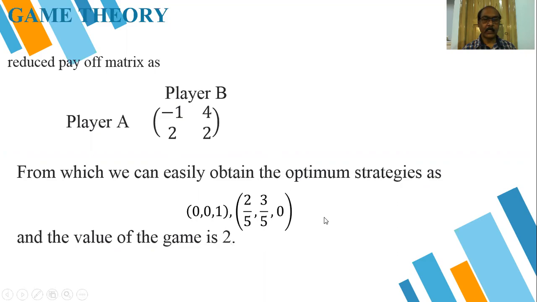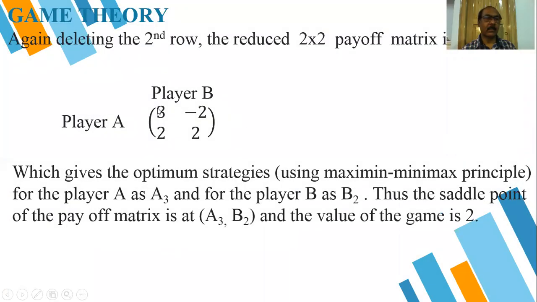And the other combination is this, 3, minus 2 and 2. In this case also we find the optimal strategy for player A is A3, and we have not calculated it, but we can easily calculate the optimal strategy by using the algebraic method.